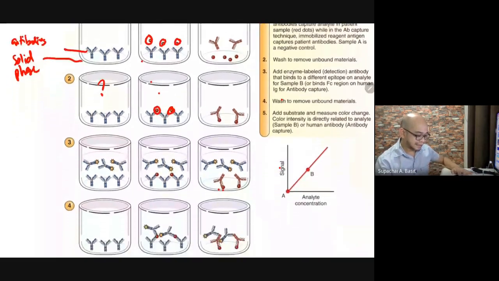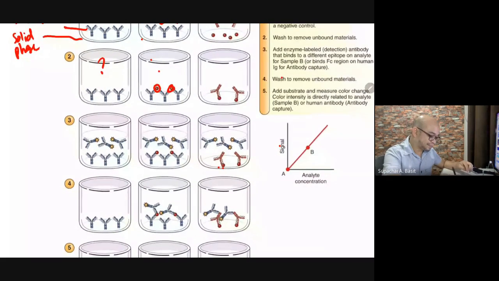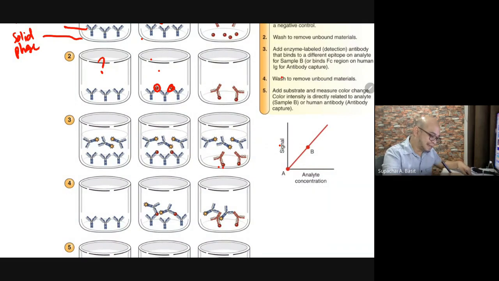Here, you will now be adding enzyme labeled antibody. How does it look? There is an antibody, and it has an enzyme at the Fc portion.